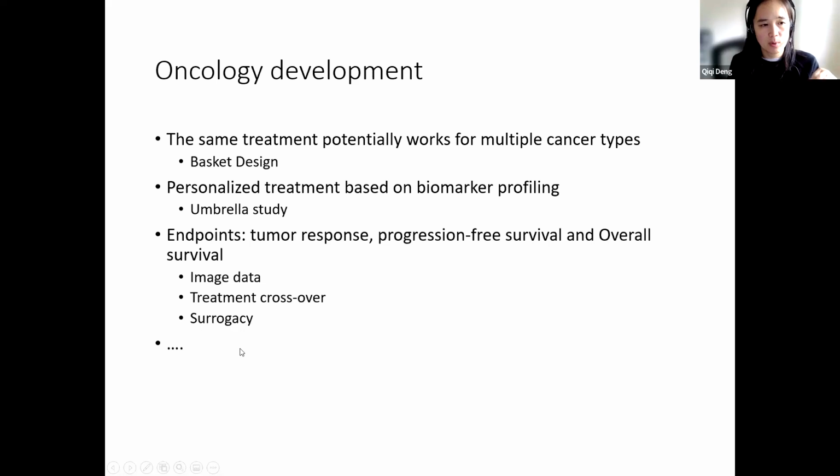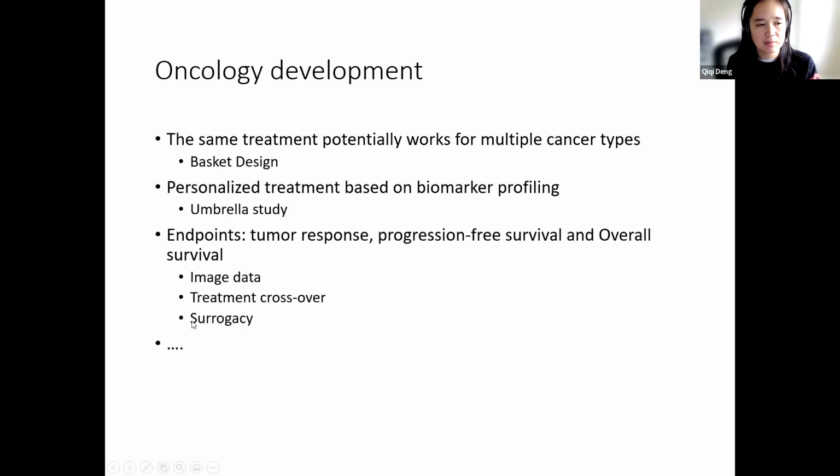And then if you observe some very, very promising tumor response data or early endpoint data, are you going to make this available for a subject who is waiting for a treatment?